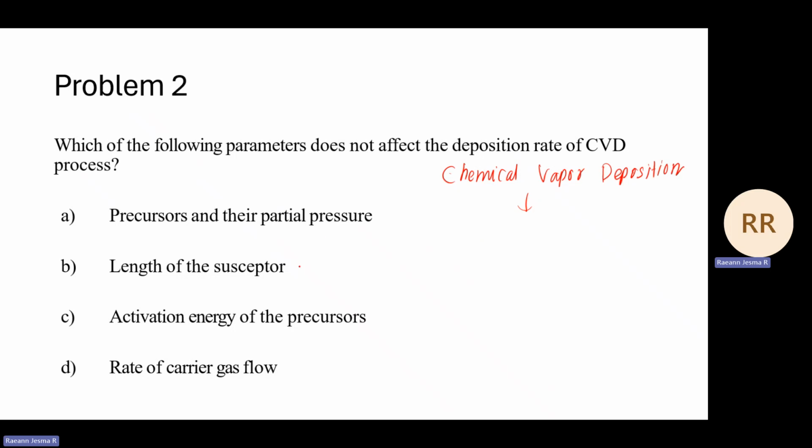So here, in these options, you can just try to guess what it is. Which of the following parameters do not affect the deposition rate of CVD process?